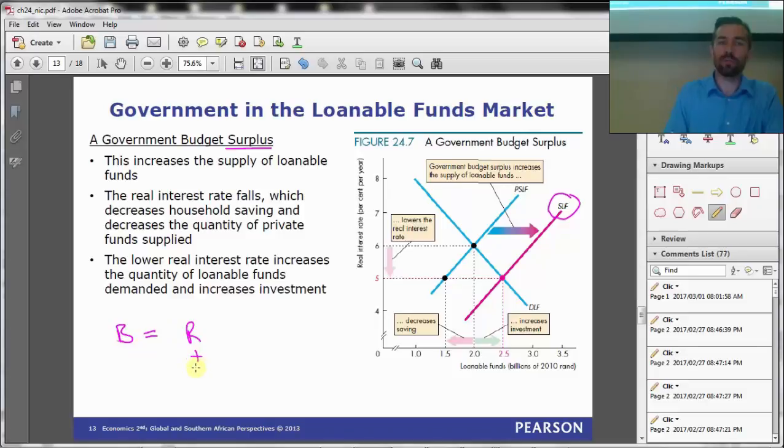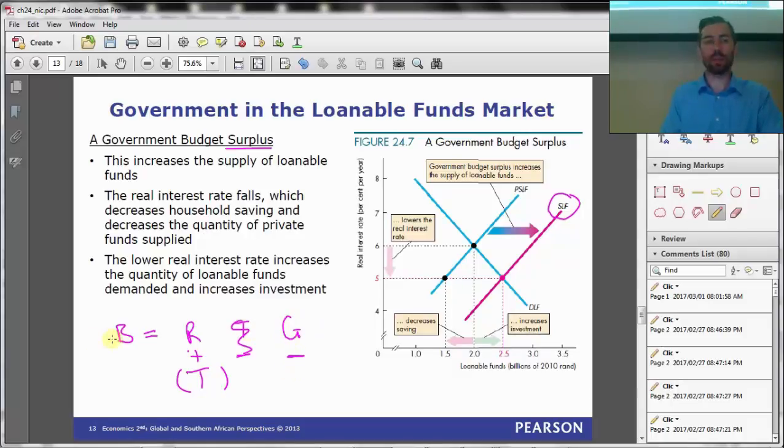So revenues are positive to the government, which are taxes, okay? So the budget's made up of revenue. What kind of revenue does the government generate? Taxes. And then there's government expenditure, which we call G, which is then negative, okay?